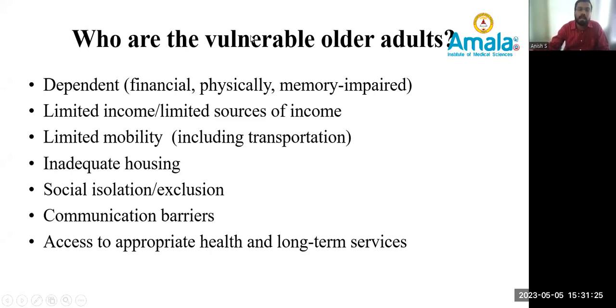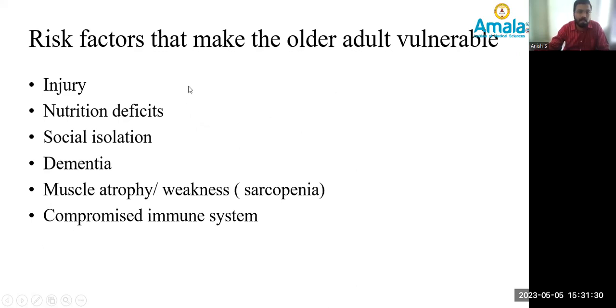These older adults are vulnerable to adverse outcomes. So the risk factors that make the older adult vulnerable are injury, like falls, nutrition deficit, malnutrition, undernutrition, social isolation, dementia, sarcopenia, which is another geriatric giant, and compromised immune system.